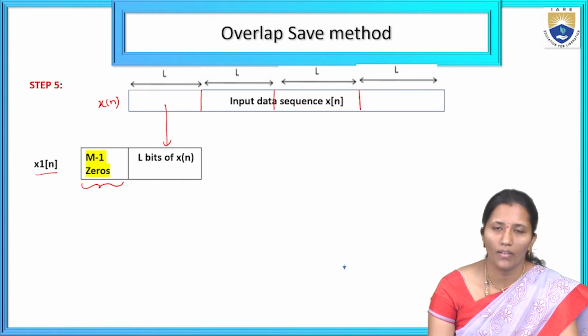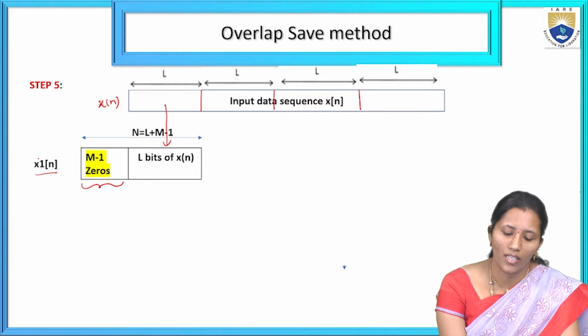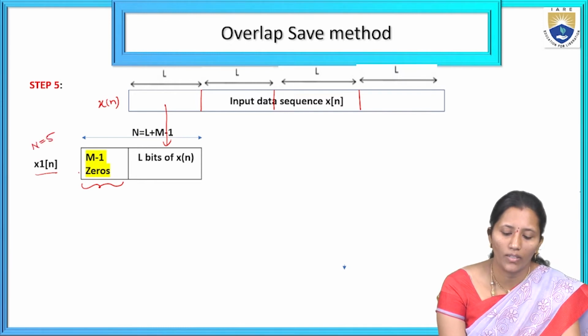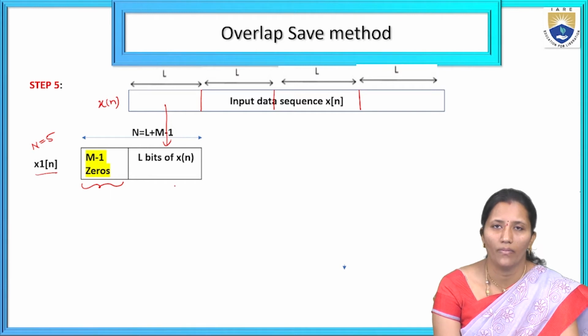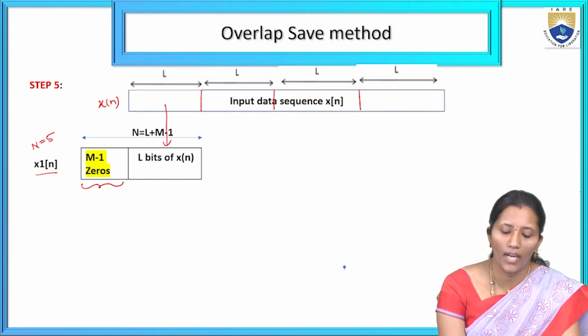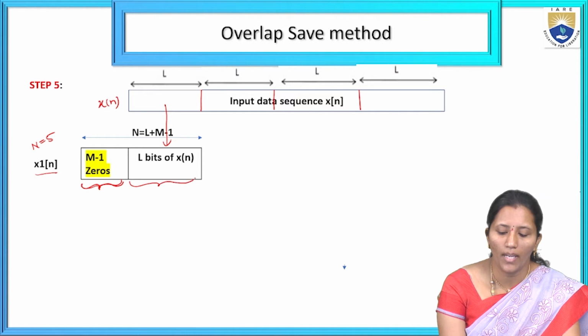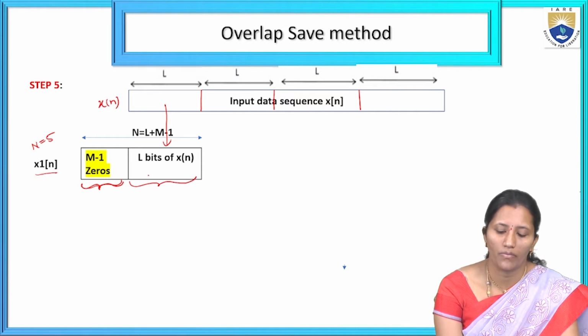So the total length of x1 of n is N equal to L plus M minus 1. In step 2 we assumed, suppose, N is equal to 5, so I should get 5 samples in x1 of n. For that we have to add M minus 1 zeros, where M is the length of the impulse response h of n. We add M minus 1 zeros in the first bits of x1 of n, followed by the L bits from x of n.